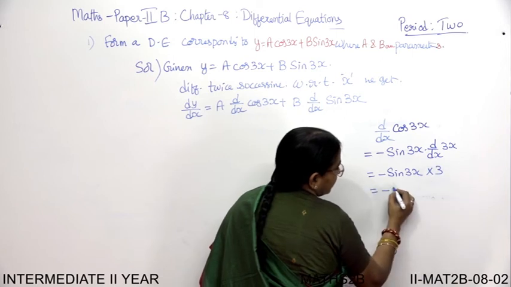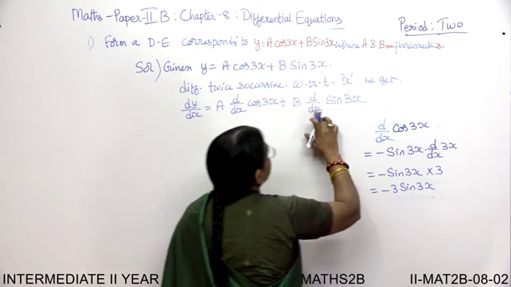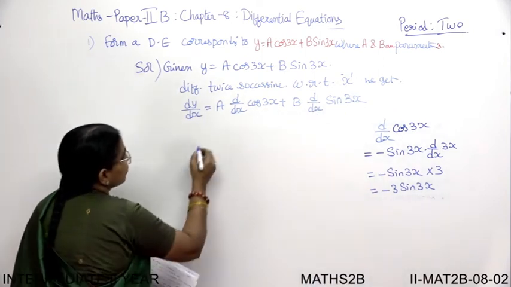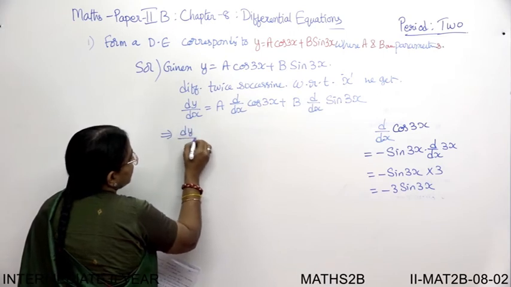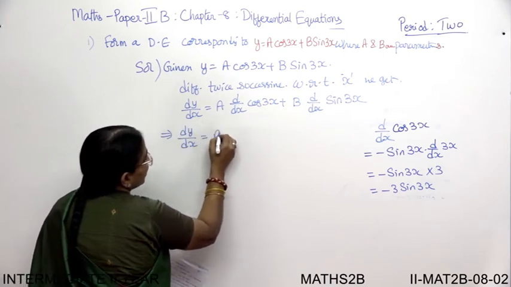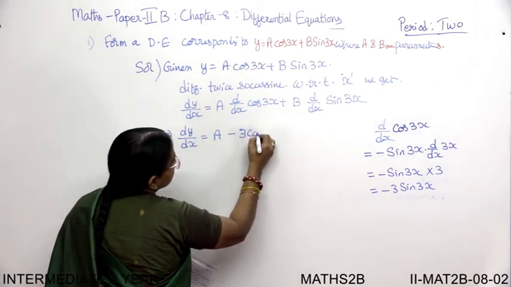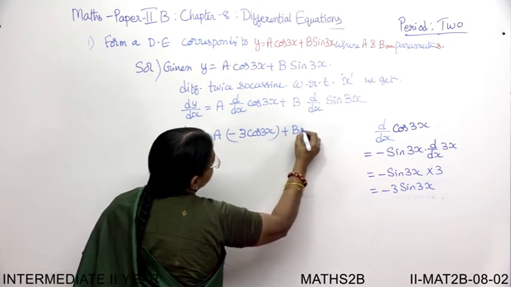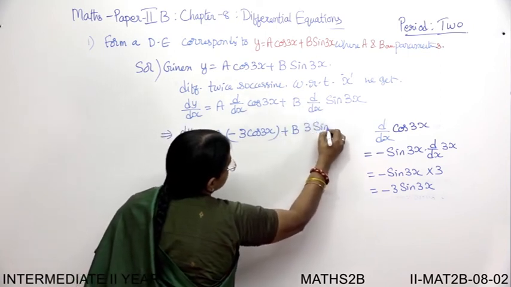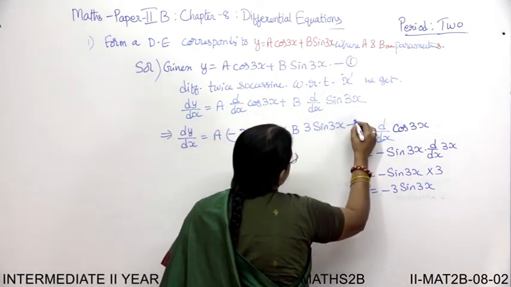So it is minus 3 sine 3x. In the same way you write the derivative of sine 3x also. So this implies dy by dx is equal to a into minus 3 sin 3x plus b into 3 cos 3x. So this is equation 1 and this is equation 2.